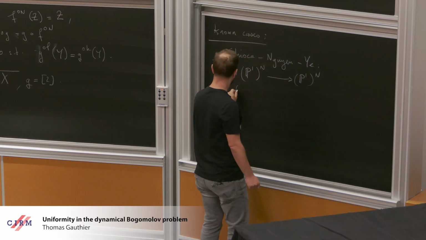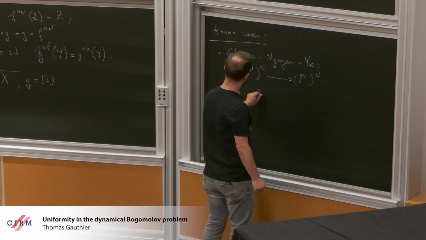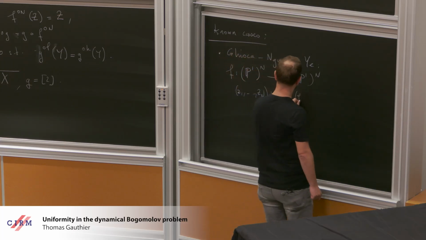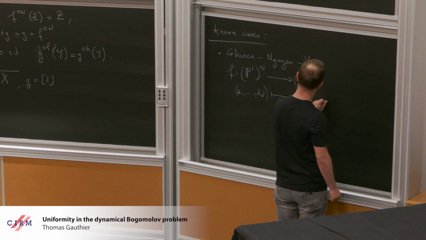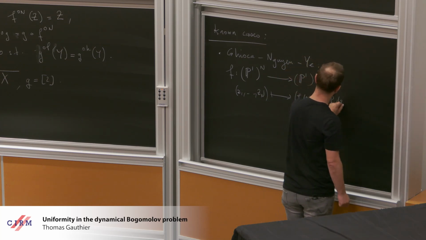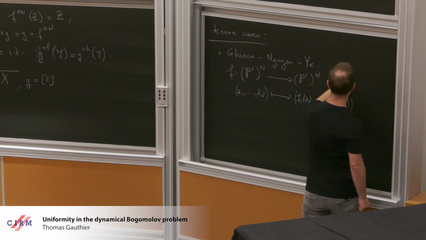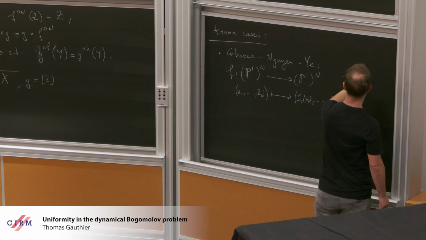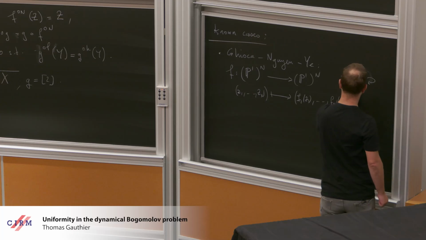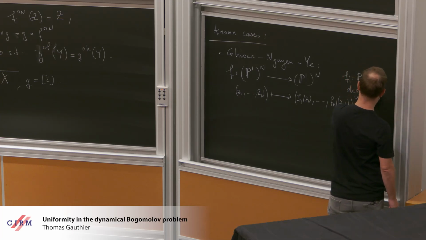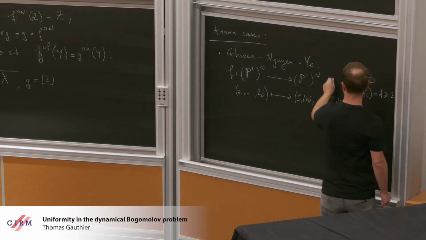So F is given by (z1, ..., zn) sent to (f1(z1), ..., fn(zn)), where the fi act on P1, and the degree of fi is the same for all i, d at least 2 for all i.